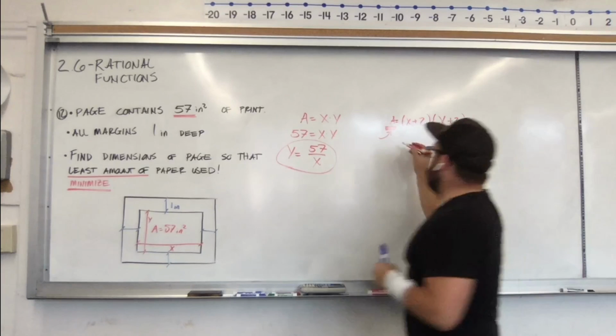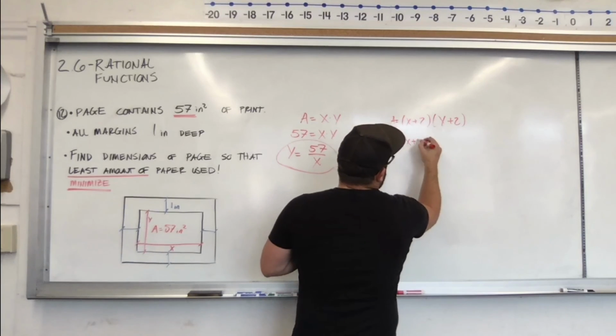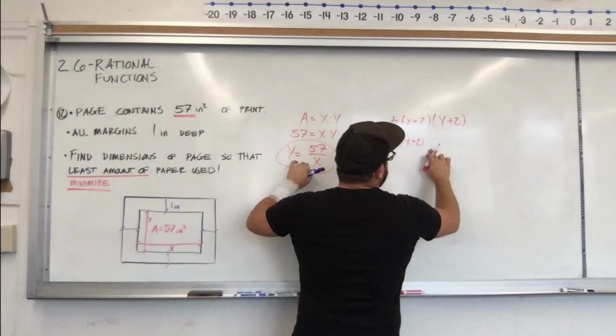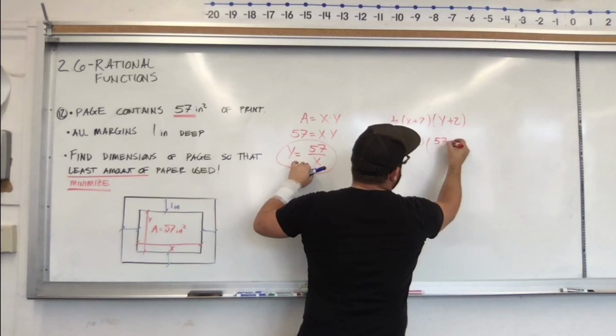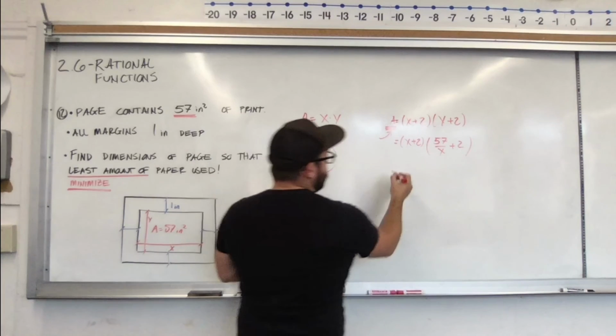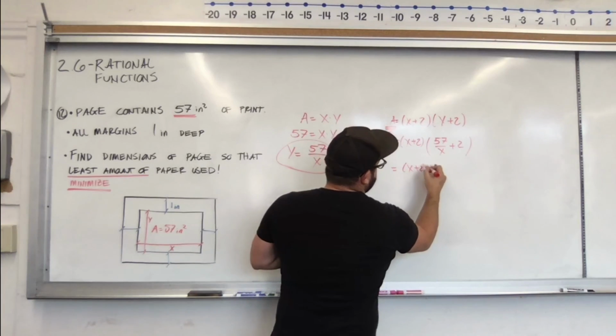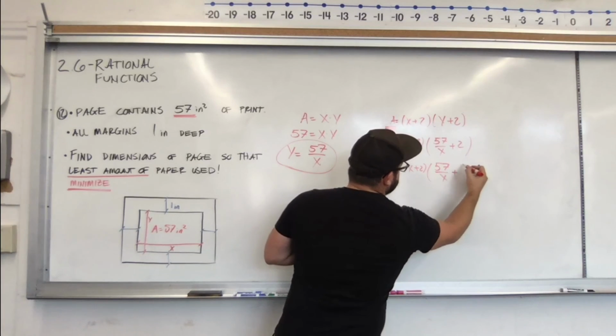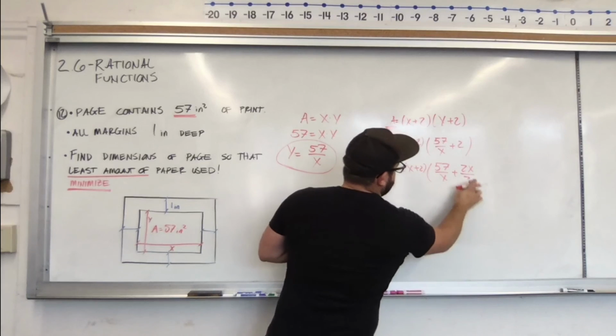So I'm going to make that substitution. So x plus 2, now y is 57 over x. Let's make this a little bigger. 57 over x, plus 2. We need a common denominator. We have x plus 2 now times 57 over x plus 2, x over, oops, not 2 but x.